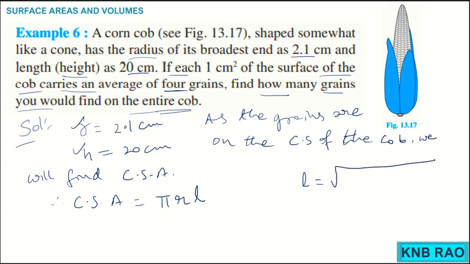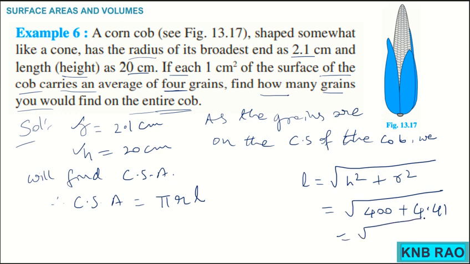Now find the l value. You know l is the square root of h square plus r square. So the square root of h square, which is 400, plus 2.1 square, which is 4.41.